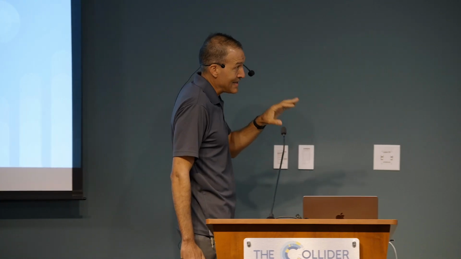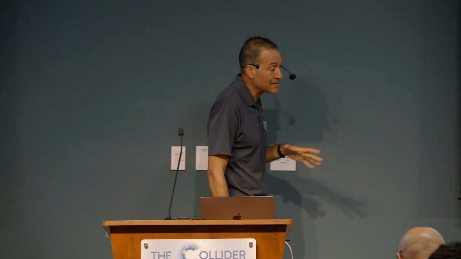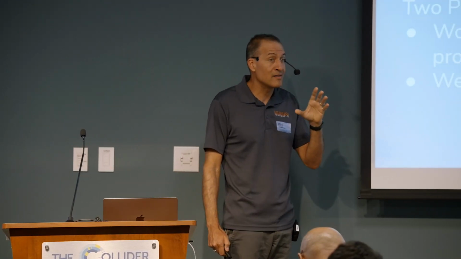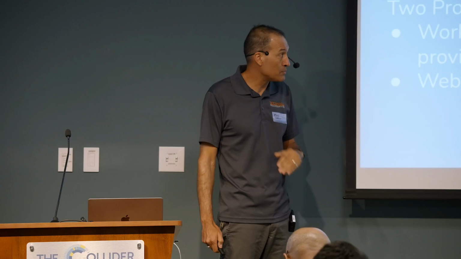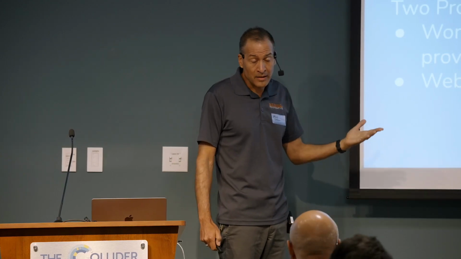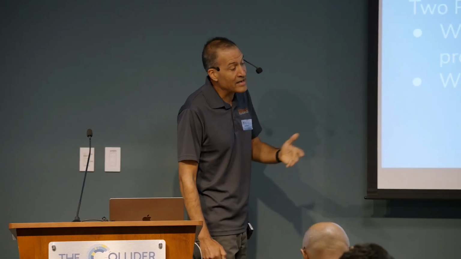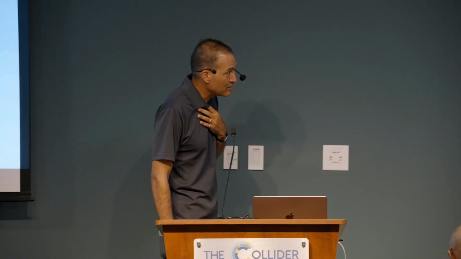It's a JSON spec. Based on that specification, we ask them to give us a dump of their data, and then we train our large language model on that. So that's approach number one.